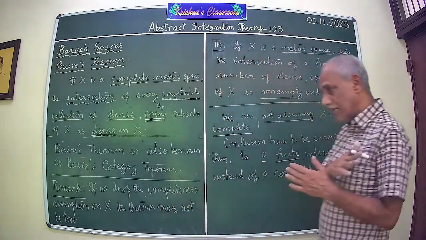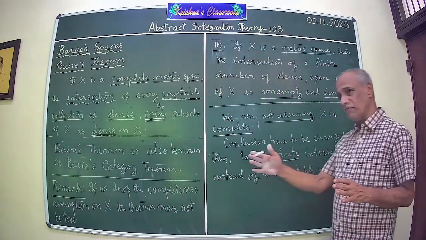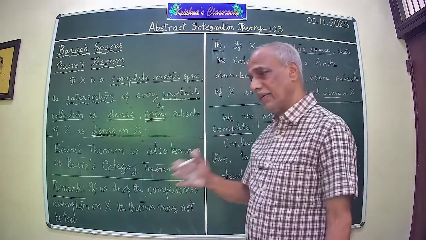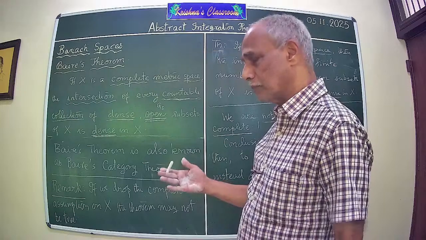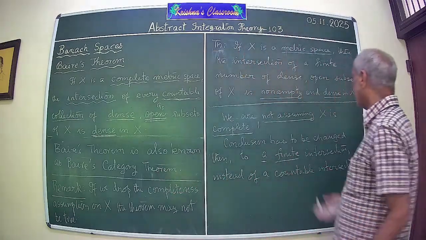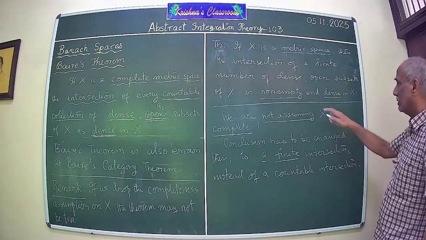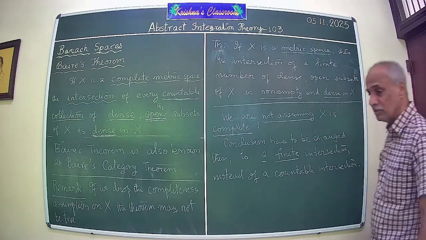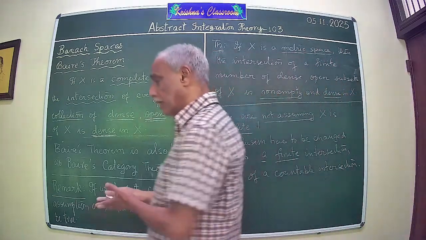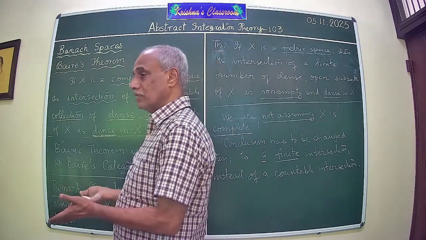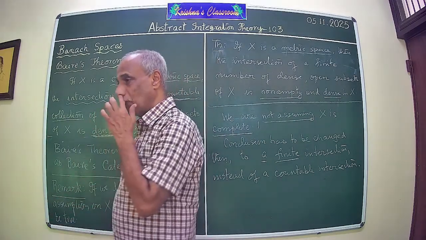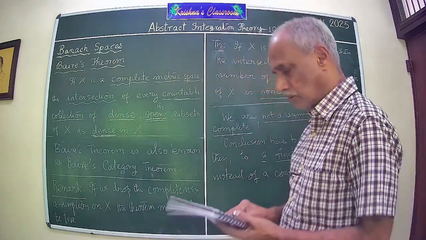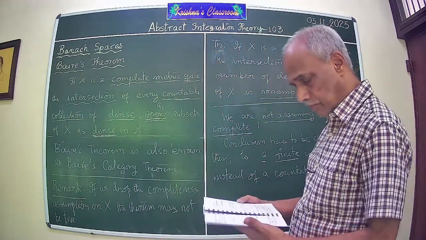At a finite level, through a finite number of steps, you keep getting non-empty dense open subsets. But eventually you cannot prove that the countable intersection is non-empty, and we have already seen some examples.